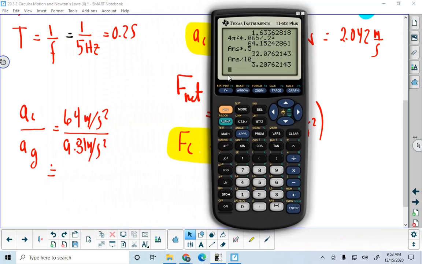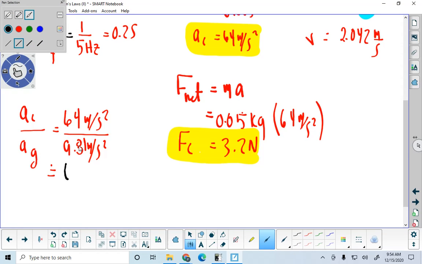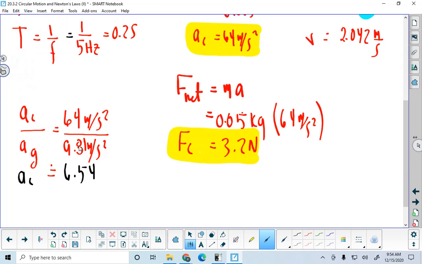I say it's very close to 6.4 because 9.81's, as my grandpa would say, pert near 10. So you get 6.54 apparently. What does this mean? It means that the acceleration of the mass, and we're going to use this notation a lot, the acceleration of the centripetal effect is 6.54 Gs.